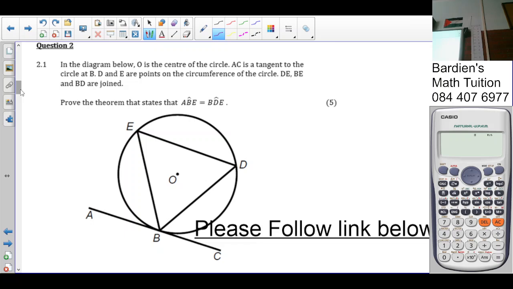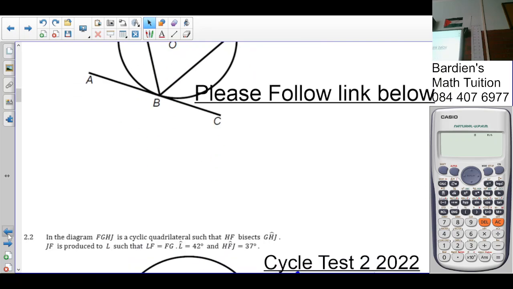In Euclidean geometry, you must have a construction for any of these theorems or proofs. If you're not going to have a construction, you're not going to get the mark for the proof. I just needed to highlight that. No construction, no marks.